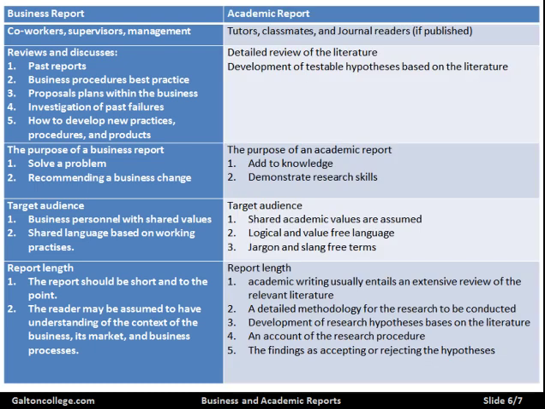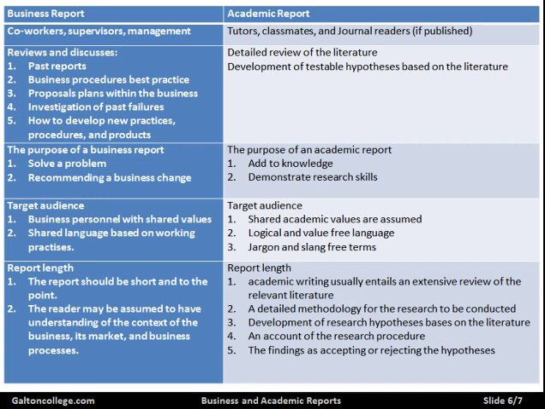Now, an academic report, by way of contrast, well, the academic report is aimed at tutors, classmates and journal readers, perhaps if it's published. So it's aimed at a completely different set of people.